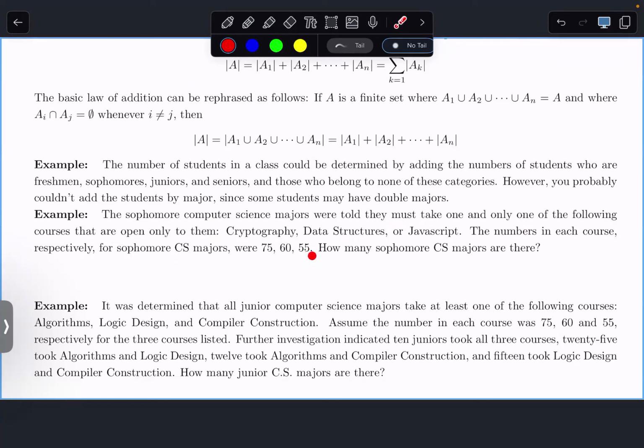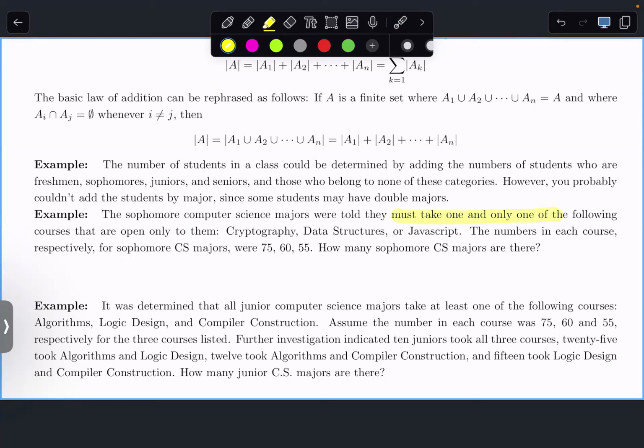And so how many sophomore computer science majors are there? It was open only to them, but they must take one of these and only one of these courses.